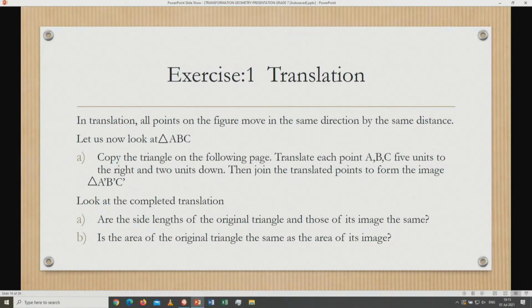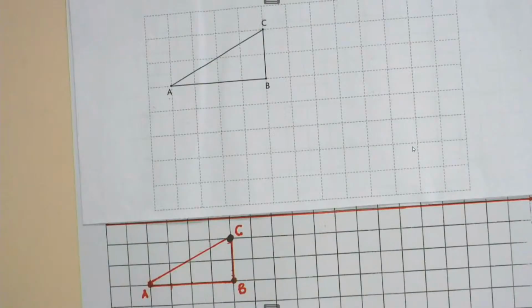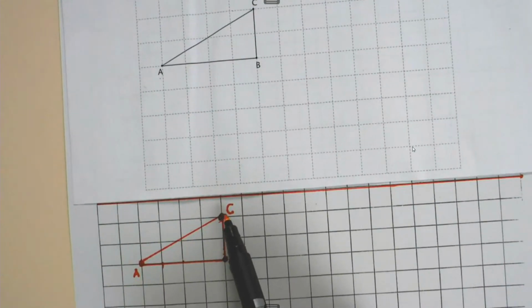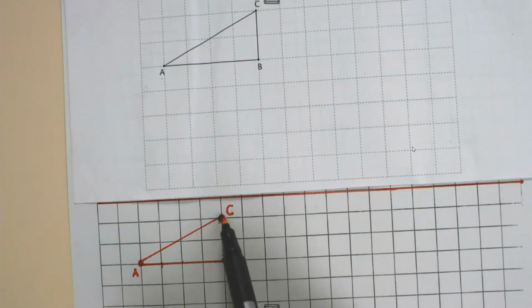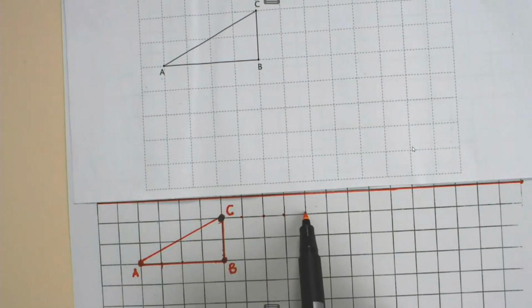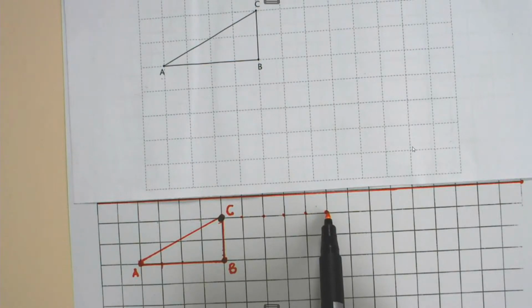Right, it says here, translate each point 5 units to the right and 2 units down. So we are told to translate each point 5 units to the right. Let us start with point C. Here is our point C. Now we need to translate it 5 units to the right. So we will count 1, 2, 3, 4, 5, and 2 units down, 1, 2.